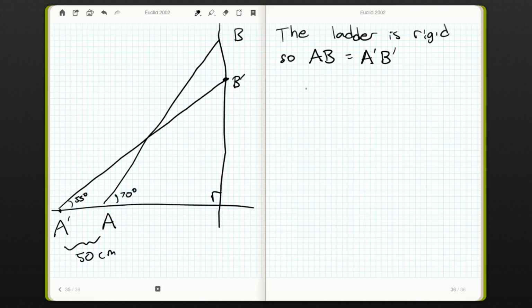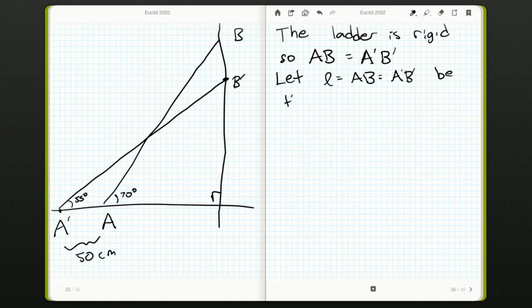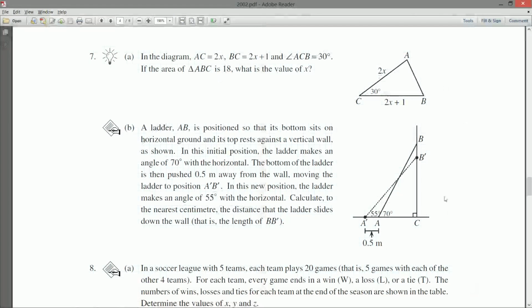So I'm going to let L be the length of the ladder. Okay, they already gave us C down here.